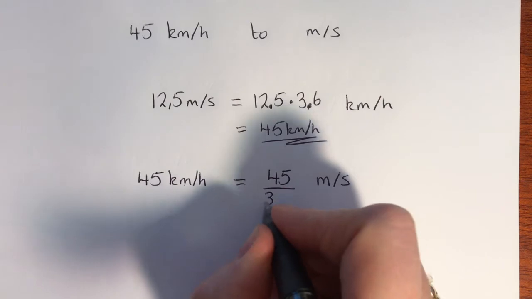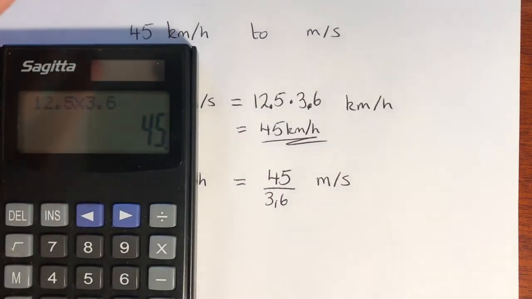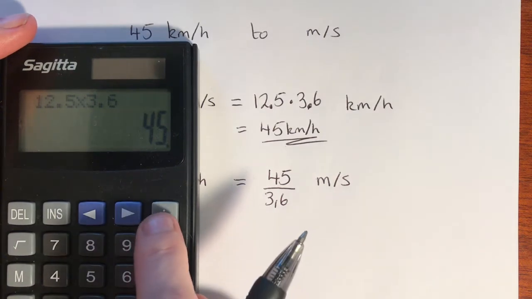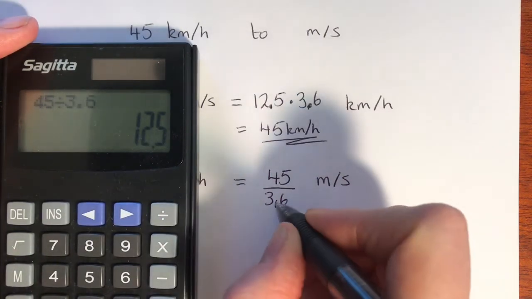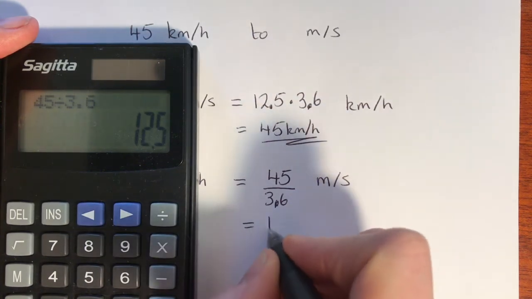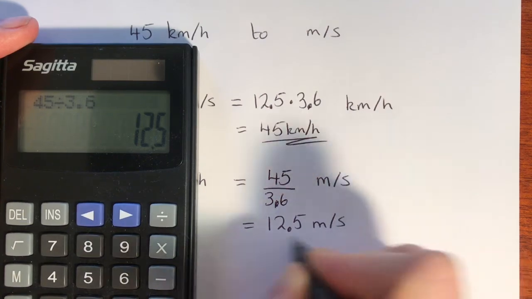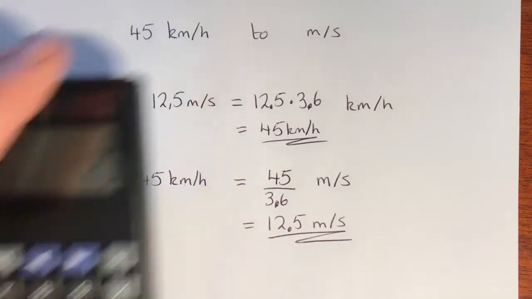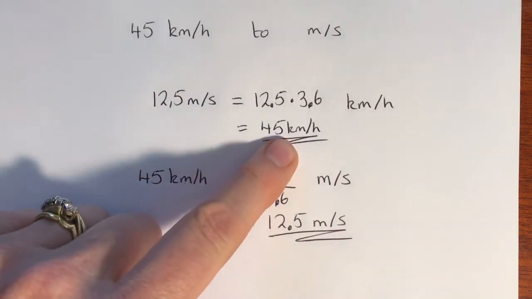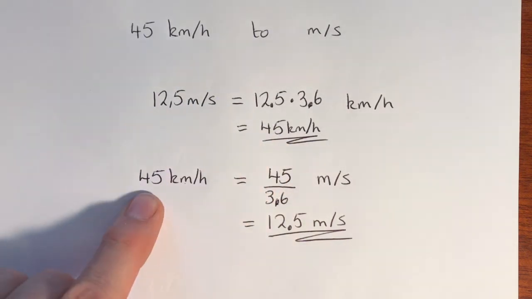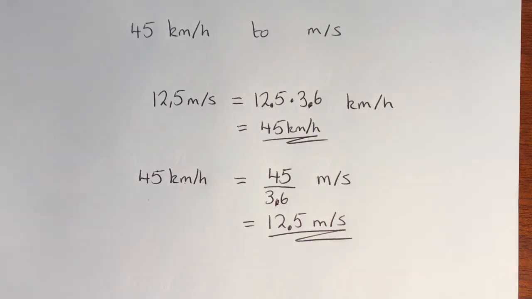So we would divide by 3.6 meters per second. So we would get 45 divided by 3.6, and that would give us back 12.5 meters per second, which of course is what we would expect, because if 12.5 meters per second is 45 kilometers per hour, then 45 kilometers per hour will be converted to 12.5 meters per second.